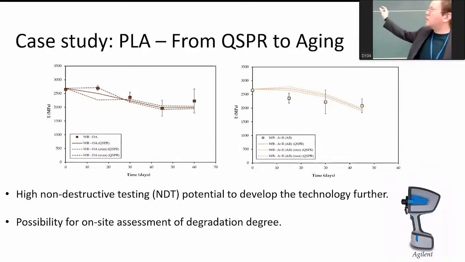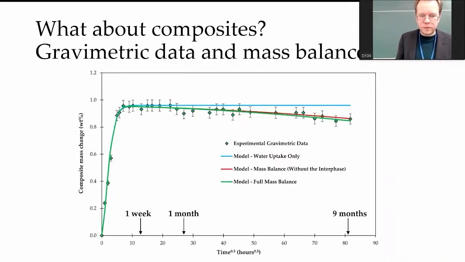On the left case, we have only aging. On the right side, we have also recycling. So we couldn't catch the effect of recycling with this, which was not that surprising because we have the hydrolysis model inside, and recycling is something in addition to that. But let's say the QSPR was able to capture the decrease of modulus for pure aging.